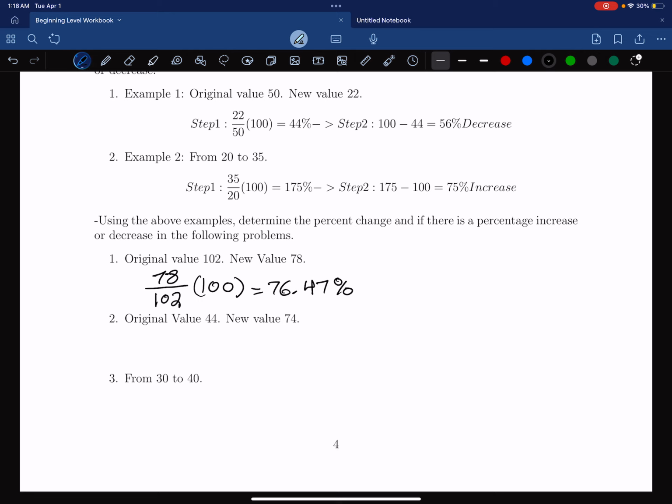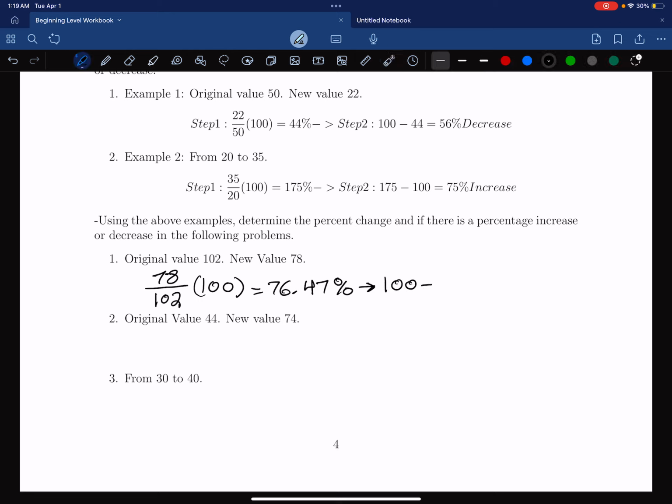Now, because our percentage is less than 100%, we're going to have a percentage decrease. And that makes sense, right? Because if we look at the original value compared to the new value, 78 is less than 102. So we're decreasing in value, so our percentage is going to decrease. When we have a percentage decrease, we subtract whatever we get from 100 to find our actual decrease.